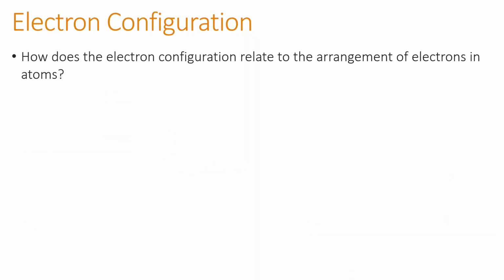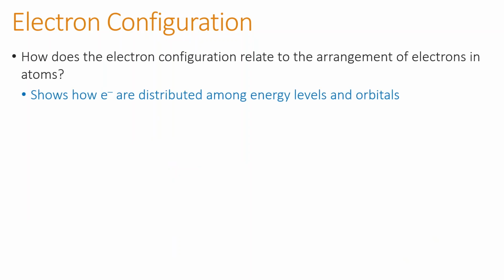So how does the electron configuration relate to the arrangement of electrons in atoms? Think of electron configuration as an address for each electron within an atom. That address needs to show the orbital and the energy level that the electron is in. For example, here is the electron configuration for helium.